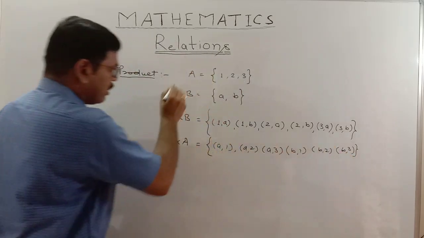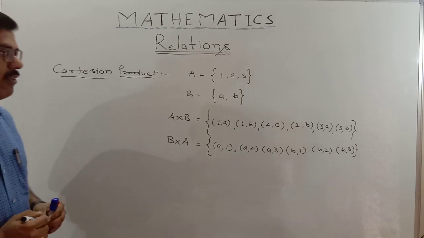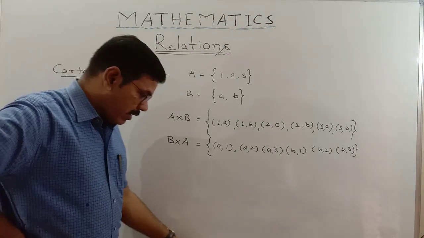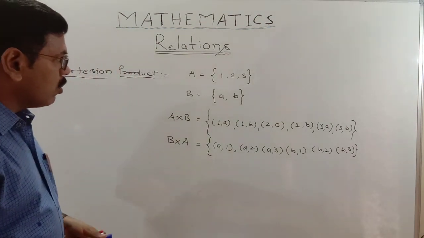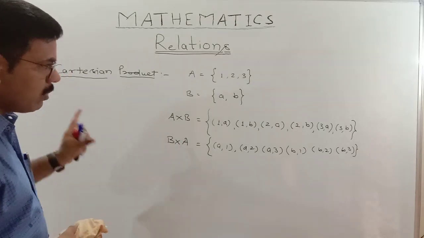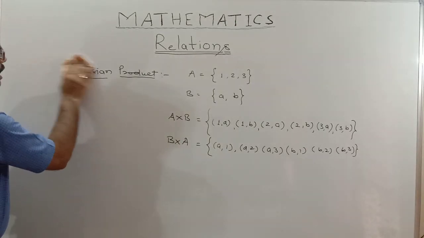So this is called the Cartesian product. Okay. So the Cartesian product of two sets we have studied. Now we need to know something about relations. Understood? That's very simple. I am just making it clean.